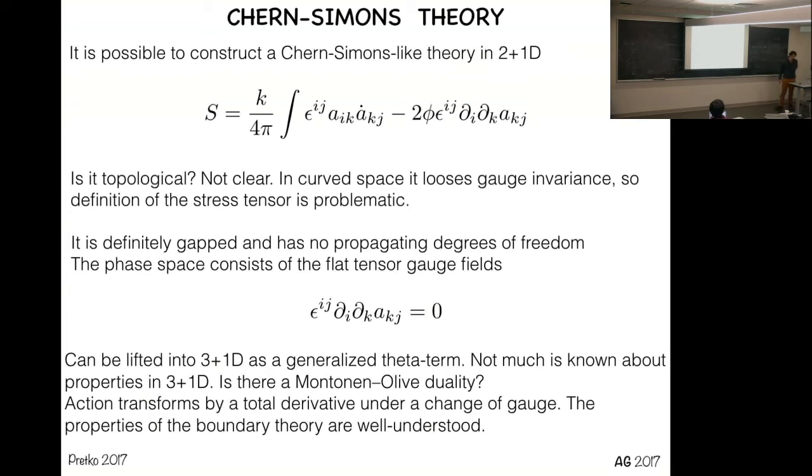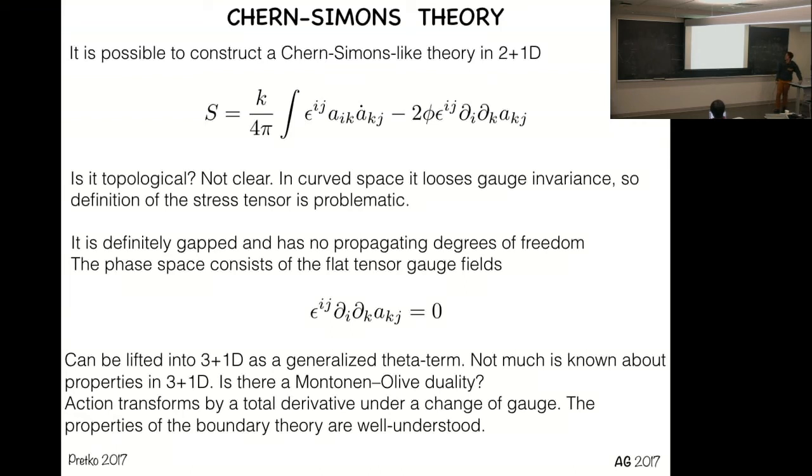Finally, this is a gauge theory, so this is a gauge field. And one thing that we can do in 2 dimensions is to try to write something like Chern-Simons theory. I'm sure Yizhi will talk about it more. I just wanted to make a quick comment here first for you to know that this exists. You can write Chern-Simons theories. But the Chern-Simons theory, for the reasons I just discussed, is not exactly a topological theory.